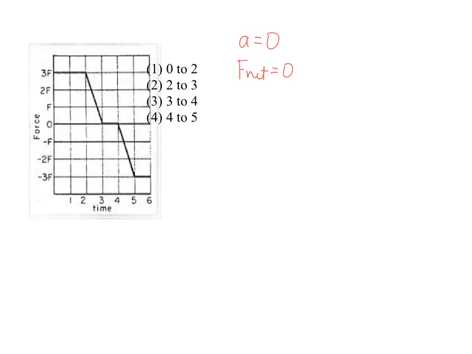So here we're looking for a time interval in the graph where we have 0 net force. And the only place on the graph that falls on is here, in this interval. And that is interval 3 to 4, choice 3. And that's it.